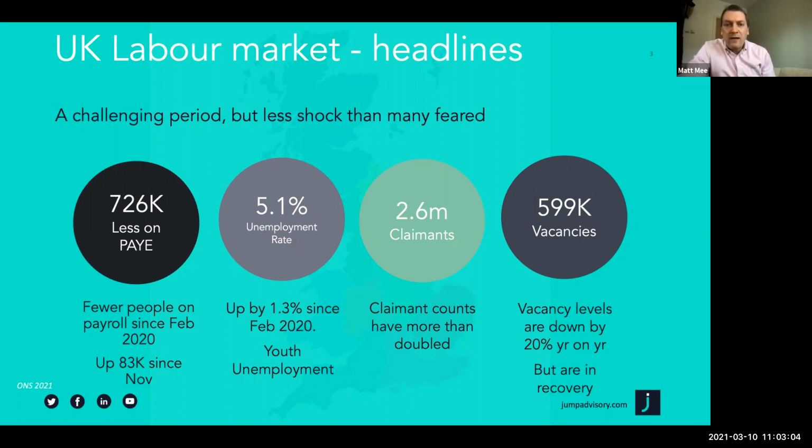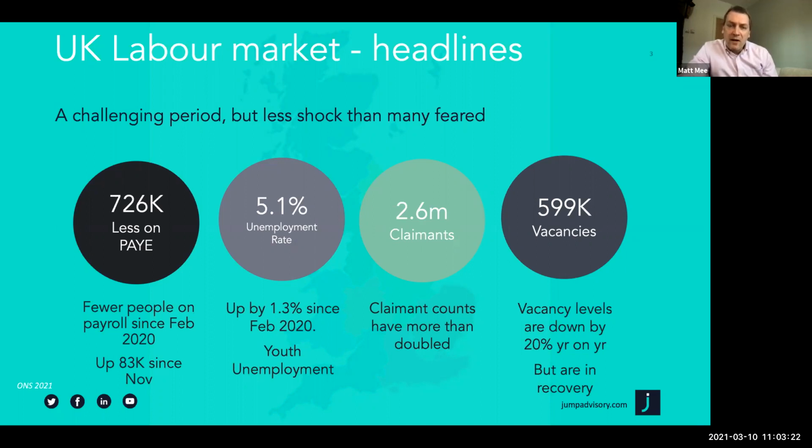The unemployment rate is currently at 5.1%. If you roll back to about June of last year, the Bank of England and other economic institutes were really forecasting probably nearer 7.5% by this time. So actually we're in a better place than many people feared we'd be.